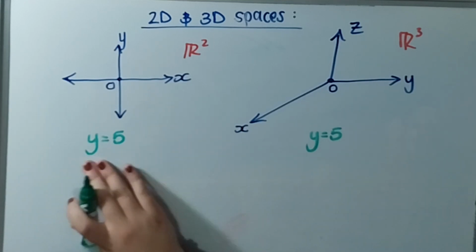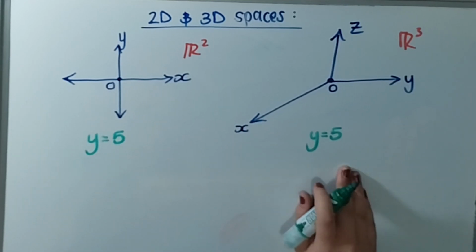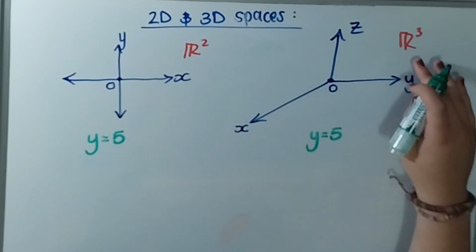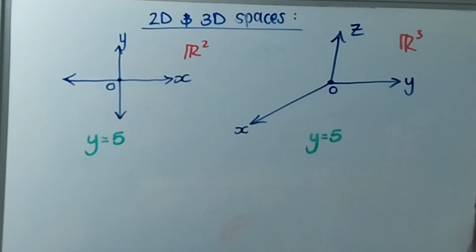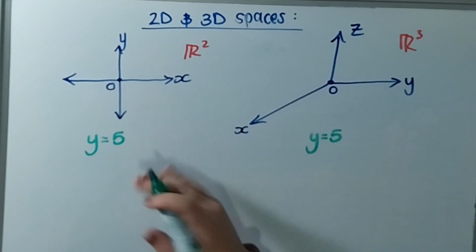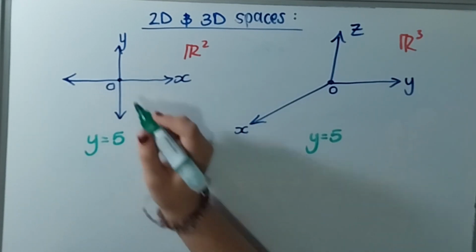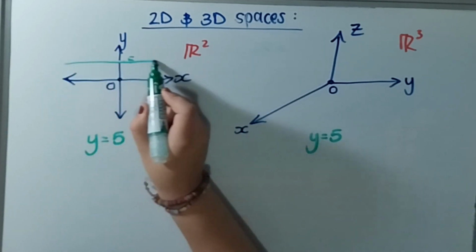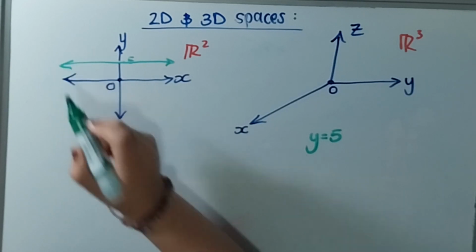Let's say they give you y equals 5 and y equals 5, and they say, okay, draw it in the R squared plane and draw it in R cubed. What do we do? Well, R squared we already know. This is something that we're quite familiar with. 5 would be around here, and we would just draw a line like this.